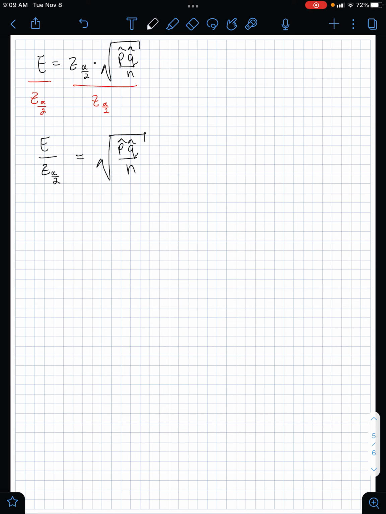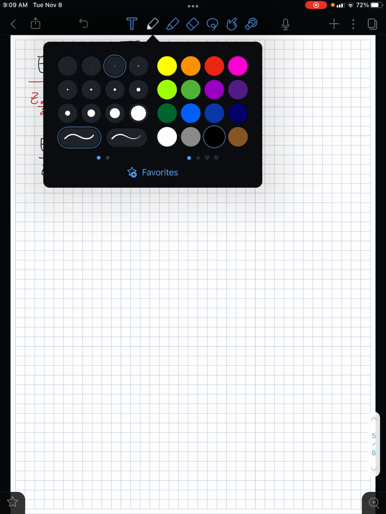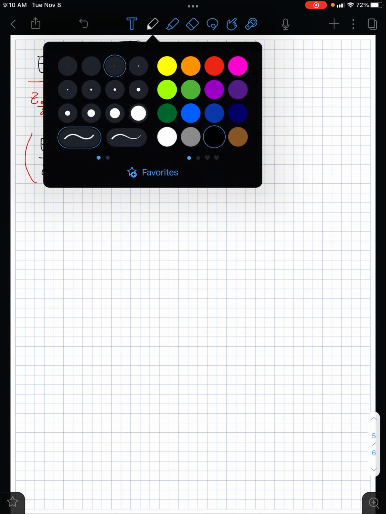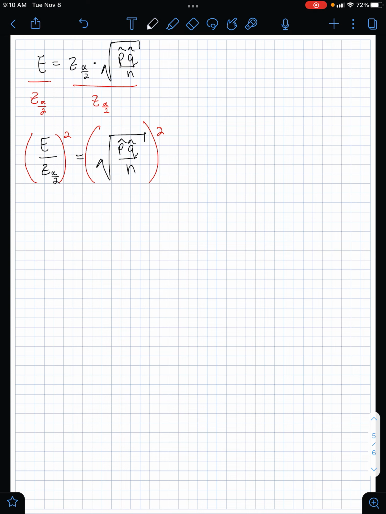So our next step is to get rid of the square root, and we do that by squaring both sides. So we now have E over z sub alpha over 2, squared, is equal to p hat times q hat over n. Now, we have a similar situation to what we had a couple of lessons ago.